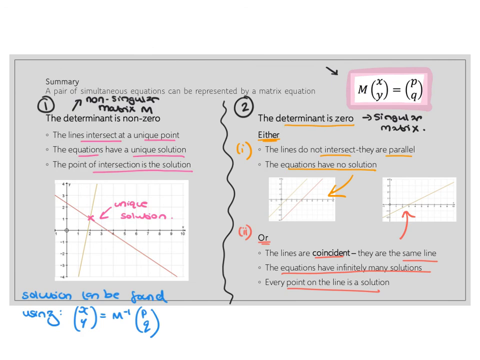So either you have the situation where there are no solutions because you have parallel lines and two different linear simultaneous equations, or you have the solution where there are infinitely many solutions because both your linear simultaneous equations are the same equation. And it's really important that you know and understand the difference between these three cases and why they arise.